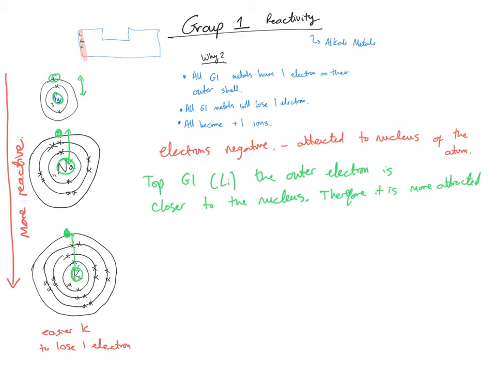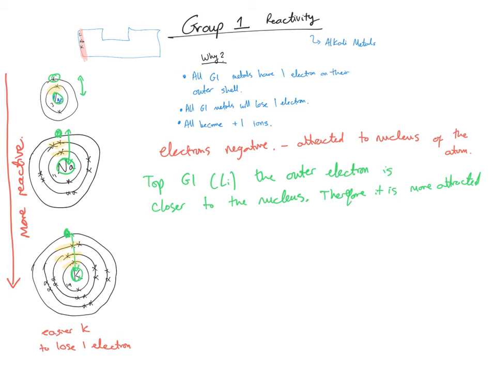The next point is that the outer electron in lithium only has one shell between itself and the nucleus. In sodium, the outer electron has two shells between it and the nucleus, and potassium has three shells between itself and the nucleus.